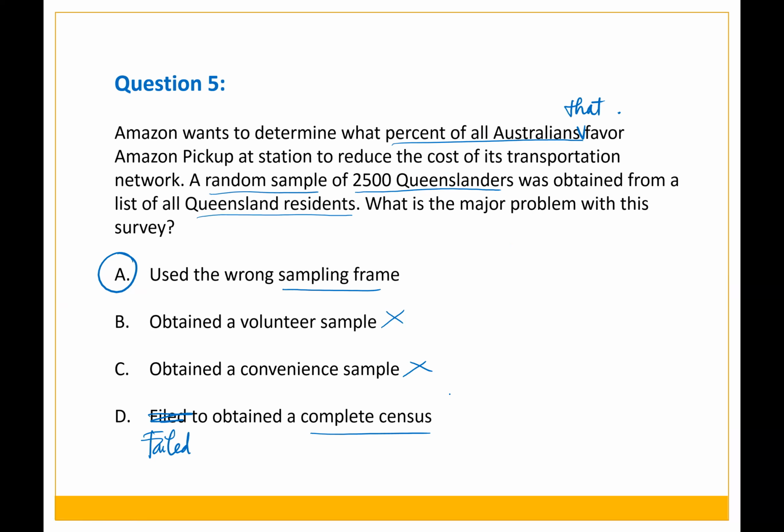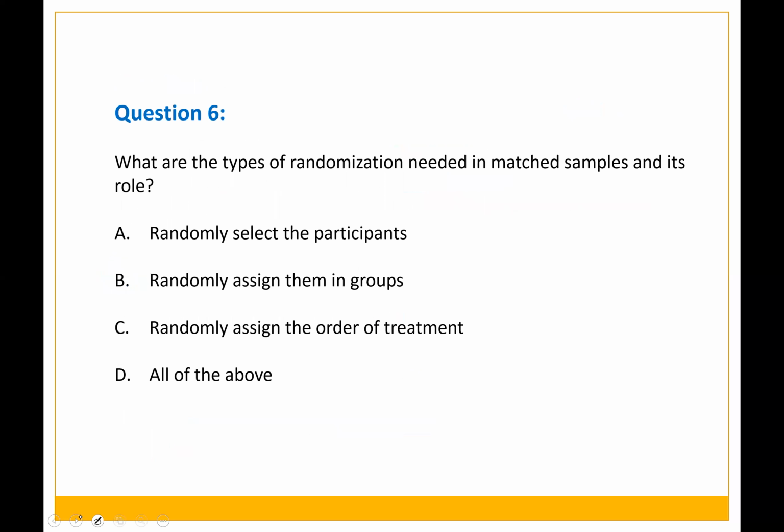Technically, theoretically, this is one of the problems of every single survey in reality, but it is not a major problem here, because a more important thing is that they're trying to draw a conclusion about all Australians from only Queenslanders. And you can see in the problem statement, they don't say anything about how Queenslanders represent Australians. So that is not the answer, even though it's a minor part of the problem of this question.